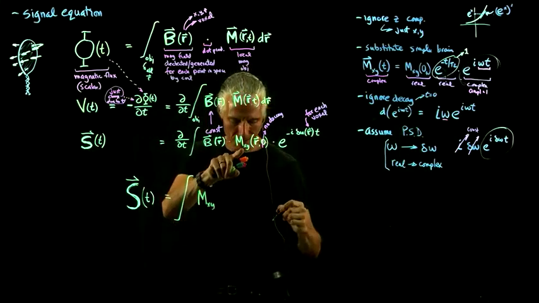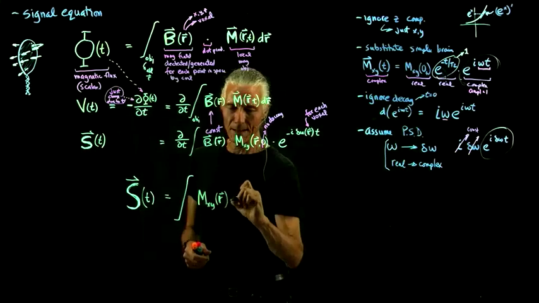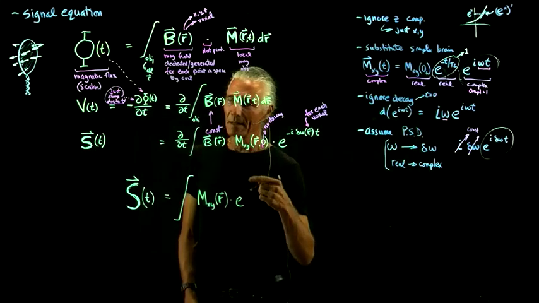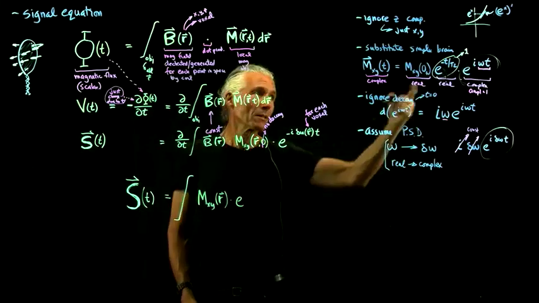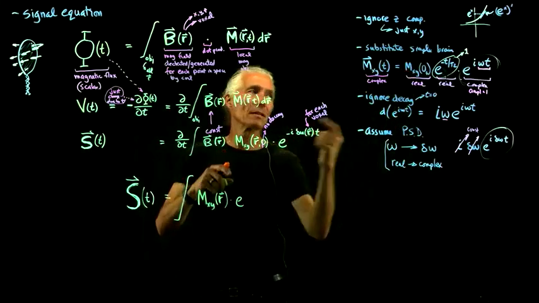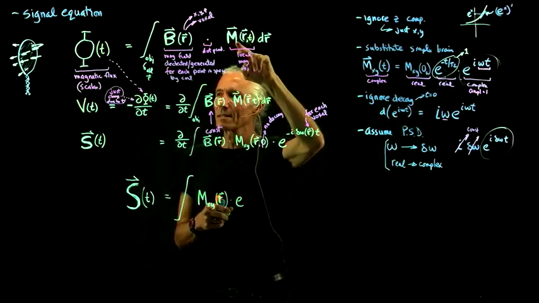That's this guy right here, at a point in the brain. And then that's multiplied by these oscillations that we just assumed were coming out of the brain. So that was our assumption for what this unknown function is, this unknown local magnetization function.